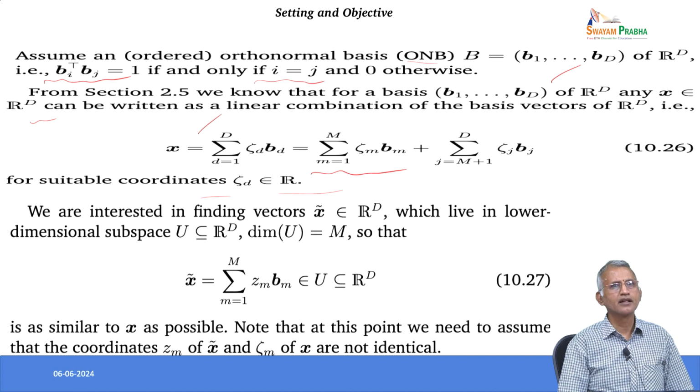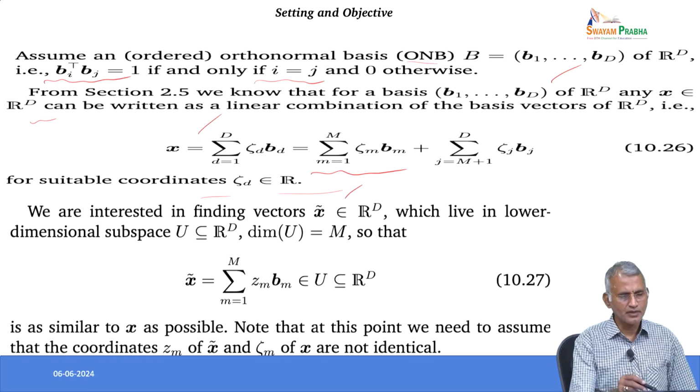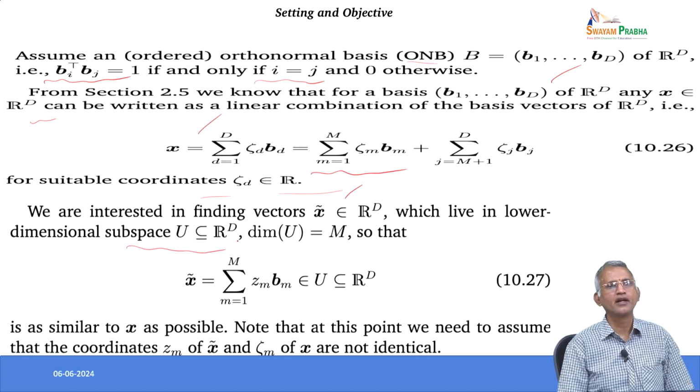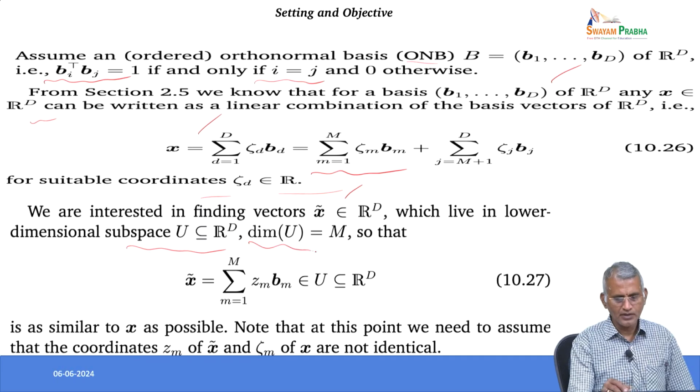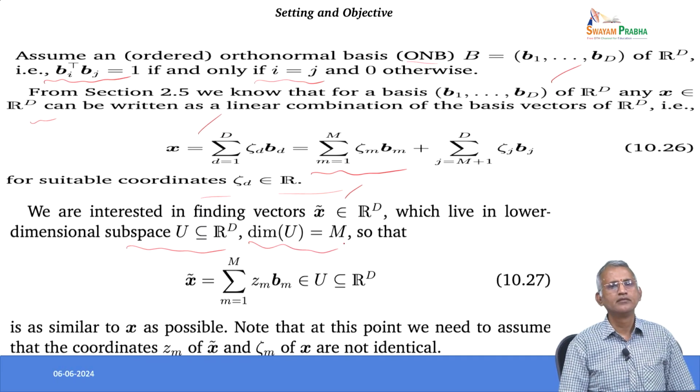So, we are interested in finding vectors x tilde in R power D, which live in a lower dimensional subspace U in R power D, so that the dimension of U equal to M, so that x tilde equal to summation m equal to 1 to M of zm bm belonging to U in R power D is as similar to x as possible.